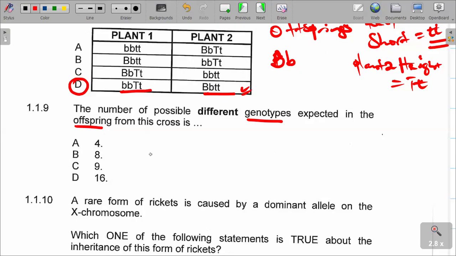So we have got 2 times 2, which is 4 possible genotypes in the offspring. And then we can say our answer is B.